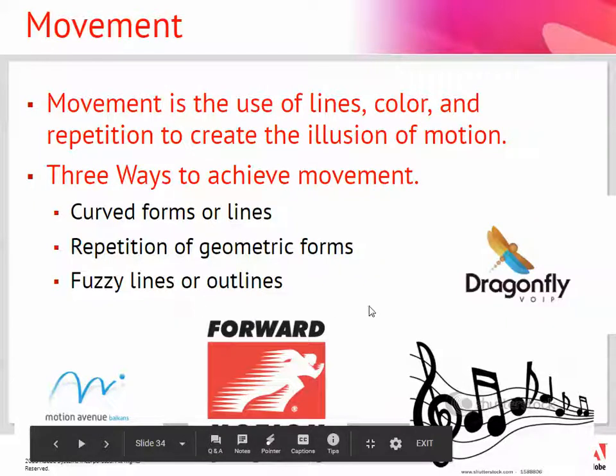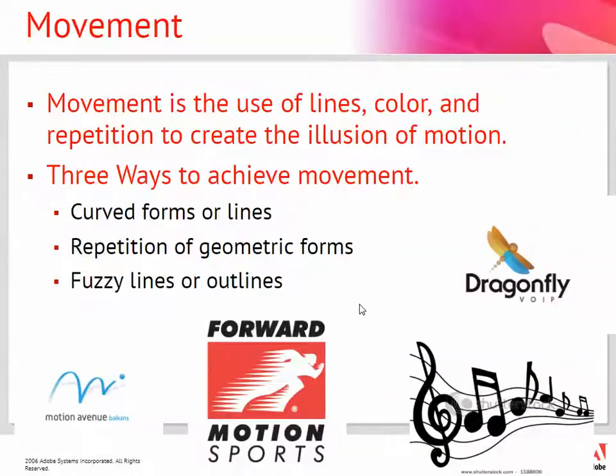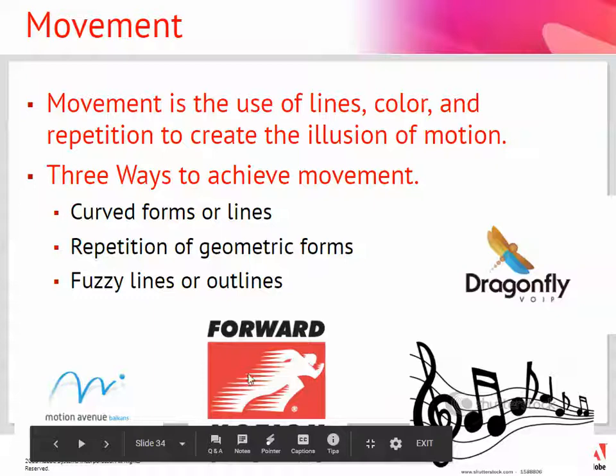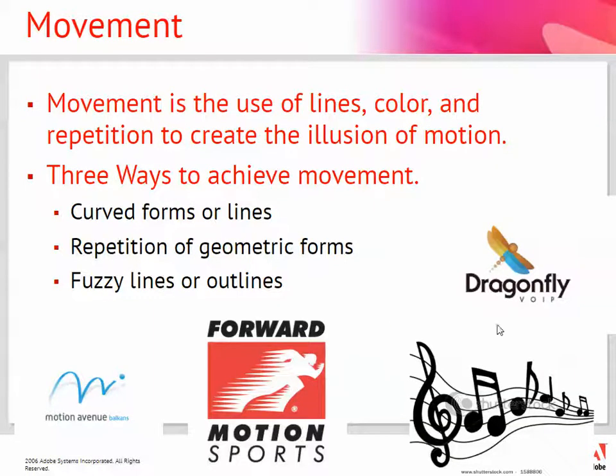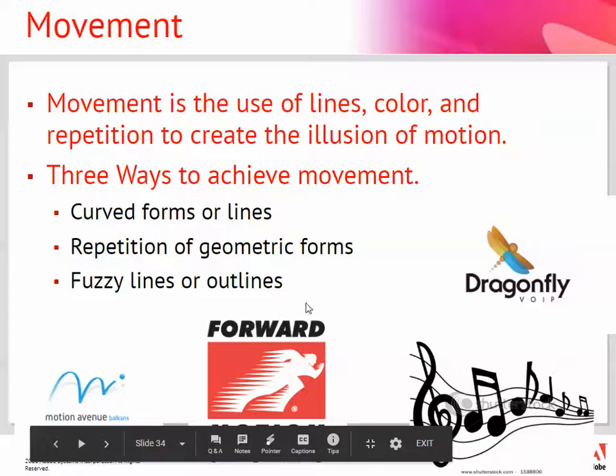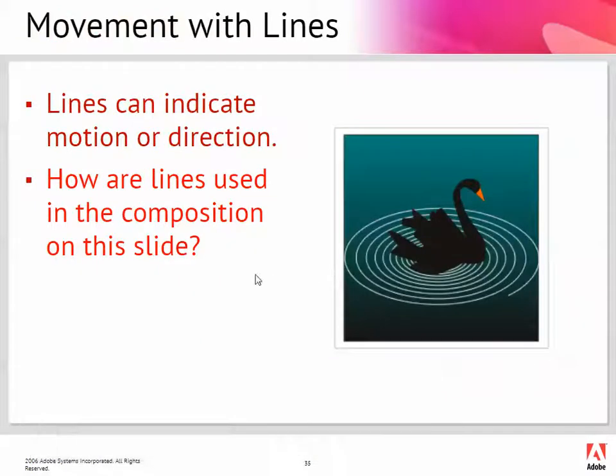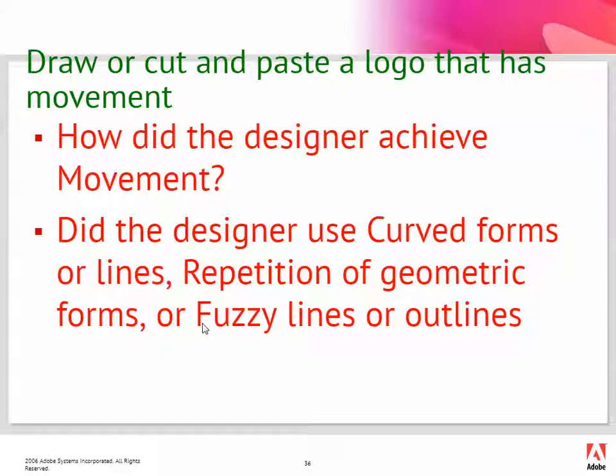You can have fuzzy lines that are not only repeated, but also fuzzy. So you got repeated, you got curvy, repeated. Any rate, movement. How are the lines used in the composition on this slide? Well, these are curved and repeated, and it creates the idea of a ripple effect on the water that's moving.